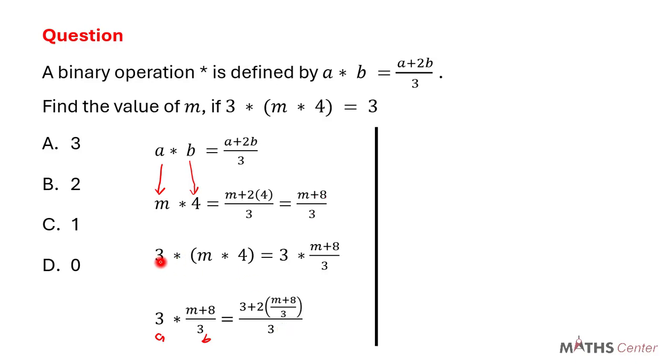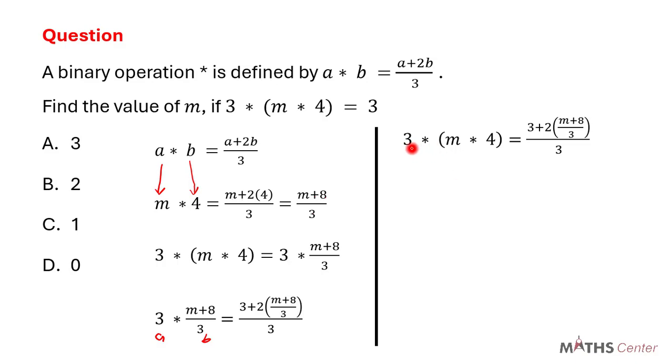Don't forget that 3 star M star 4 is equal to 3 star (M plus 8)/3. And we have found out that this will give us 3 plus 2 times (M plus 8)/3, all divided by 3.